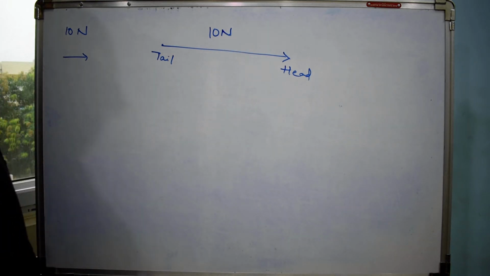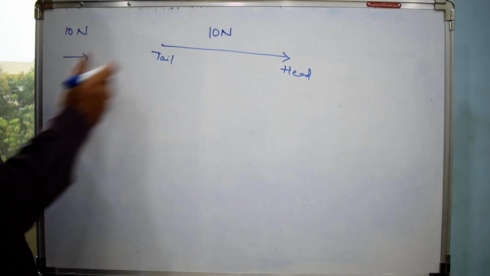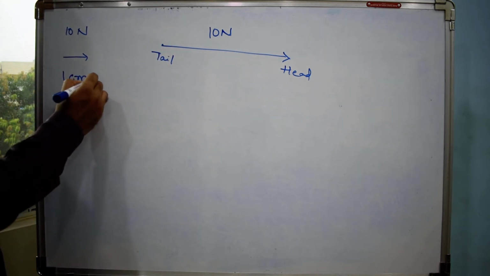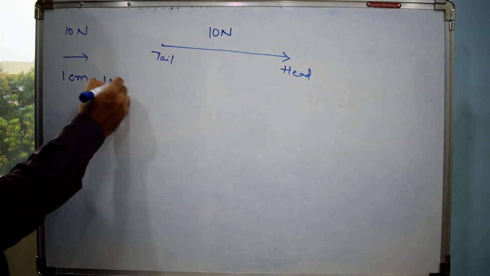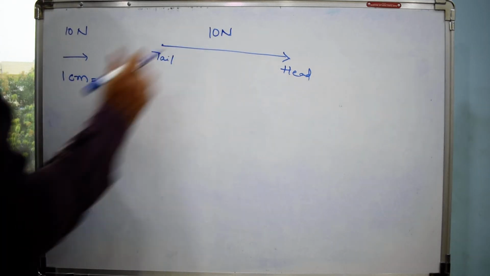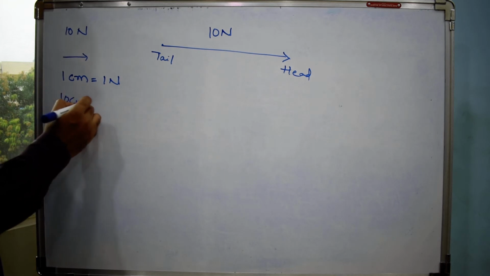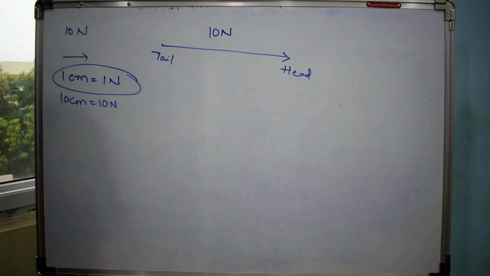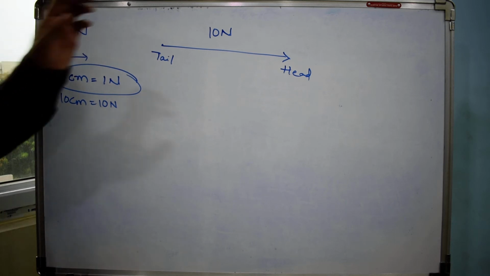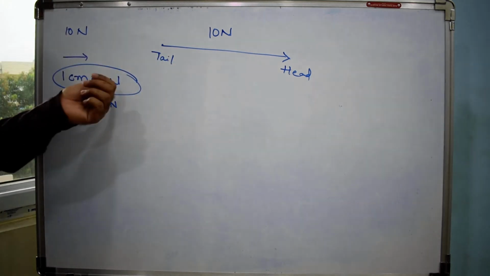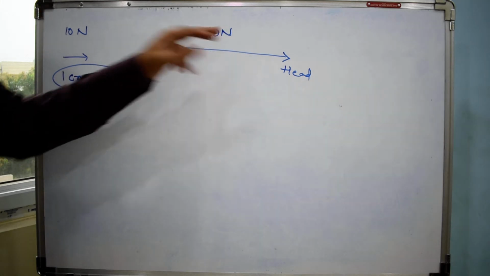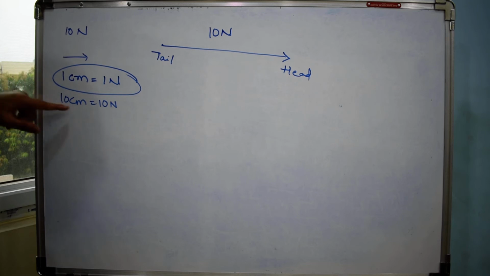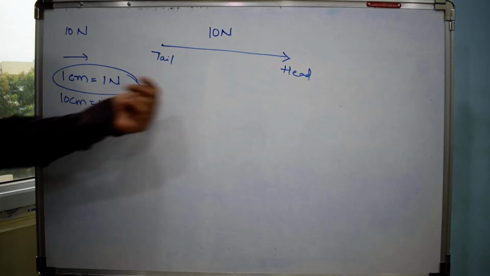So for example, let's say 1 centimeter of length of this vector represents 1 newton. Then if you want to represent 10 newtons, then 10 centimeters equals 10 newtons. So I have taken a scale in such a way that 1 centimeter of the length of this vector represents 1 newton, and if I want to represent 10 newtons of force with this particular scale, I have to draw the length to be equal to 10 centimeters.